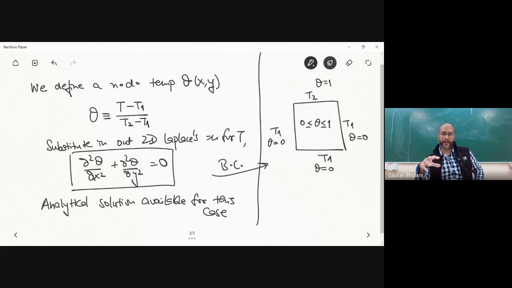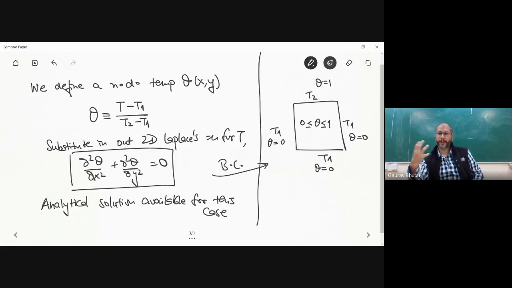Although the real problems may not have solutions like this, as a first approximation, you can always assume the rod to be rectangular, because you have to start with something. You can start with a rectangular cross-section rod, assuming that your arbitrary shaped rod is a rectangular rod with the same cross-sectional area, and then you can get a solution.